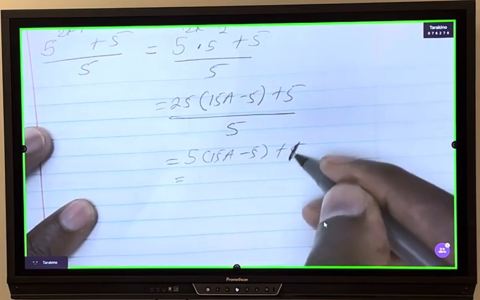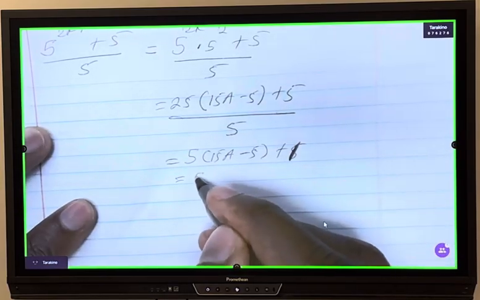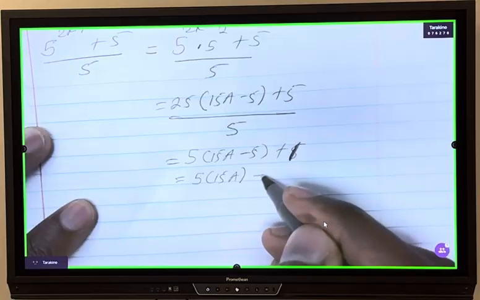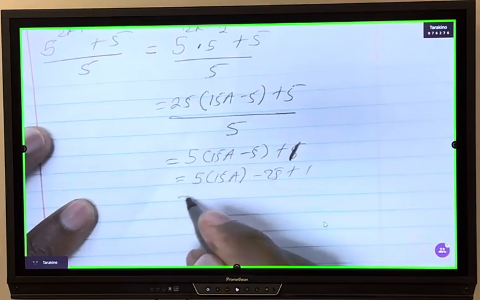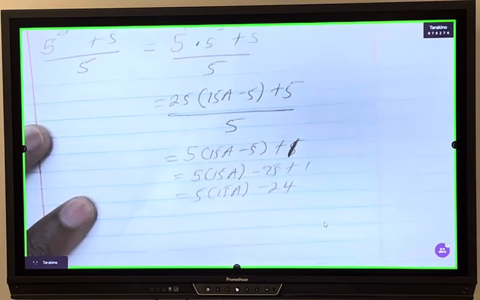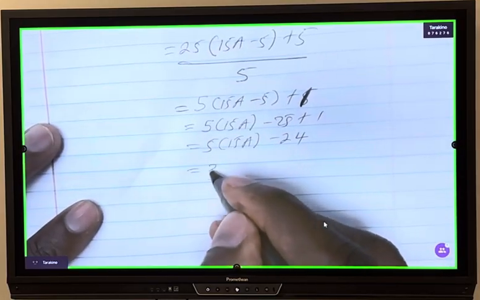Sorry, this is 1, I am so sorry. So which is equal to 5 times (15a minus 25 plus 1), which is equal to 5 times (15a minus 24). Then now we can take out 3.